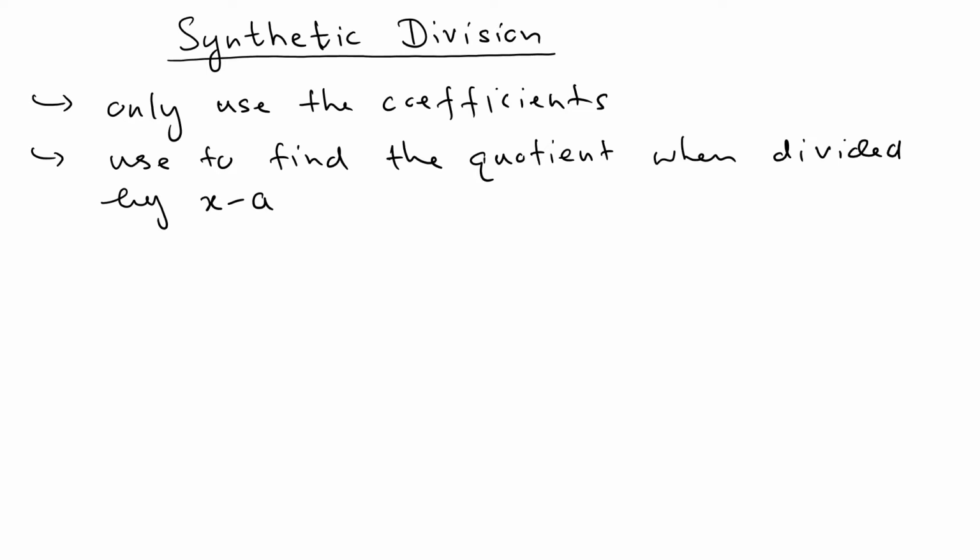So we only use the coefficients and use it to find the quotient when divided by a factor of the form x minus a.